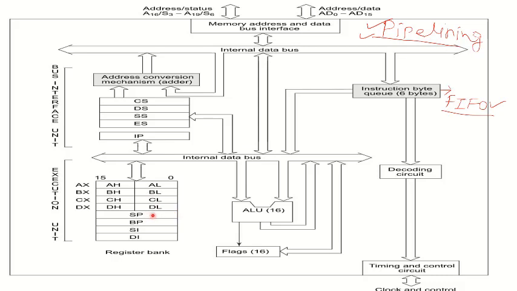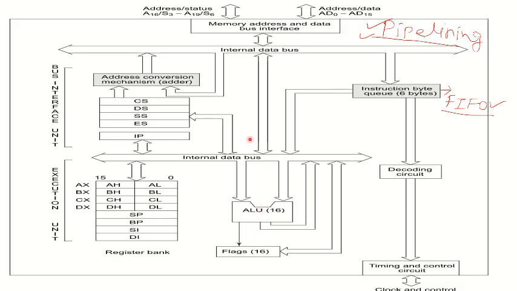SP stands for stack pointer, then base pointer BP, source index SI, and destination index DI. Basically, these are the register bank, and SP, BP, SI and DI provide the offset. And this ALU will perform the arithmetic and logical operations. This is a 16-bit ALU.